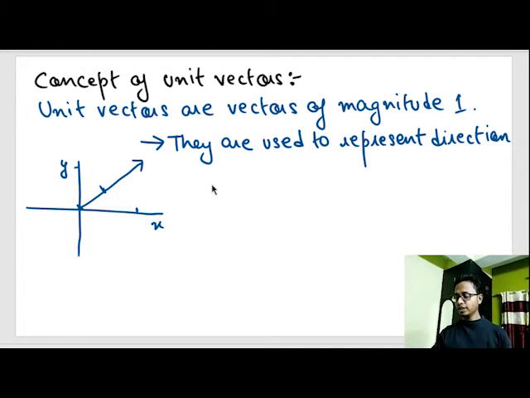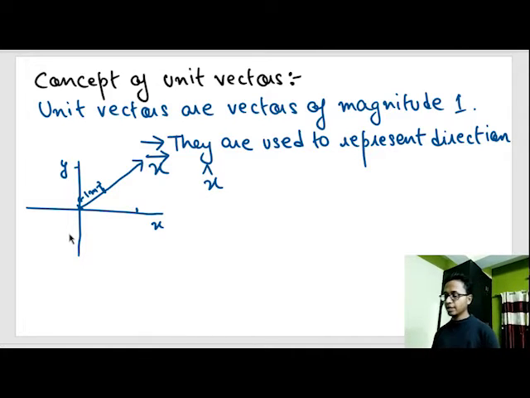Suppose this is some vector, say x vector, a position vector from the origin. How do you calculate the unit magnitude along this direction? This is 1 meter, and this is nothing but the unit vector.